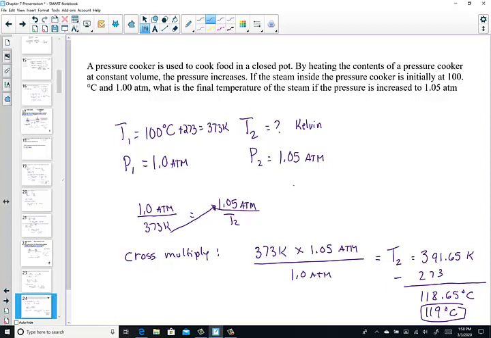You must always have a Kelvin unit. And so if you have a Kelvin unit, it comes out as a Kelvin. If you're asked to convert back to Celsius, do so by subtracting the 273 at the end. But you cannot take a shortcut. You cannot put 100 into this equation and expect a right answer. It will not work.